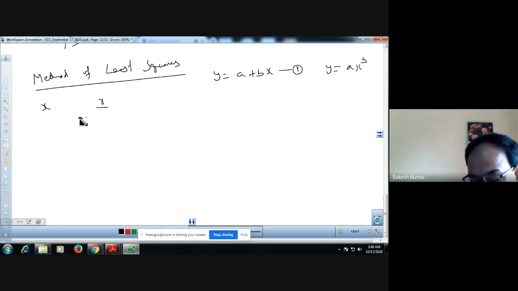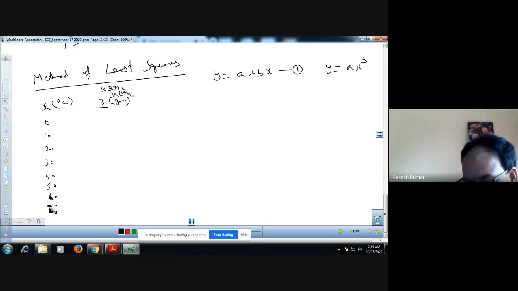Y is the weight of potassium bromide, KBr, which will dissolve in 100 grams of water at a temperature x degrees Celsius: 0, 10, 20, 30, 40, 50, 60 and the last value is 70.